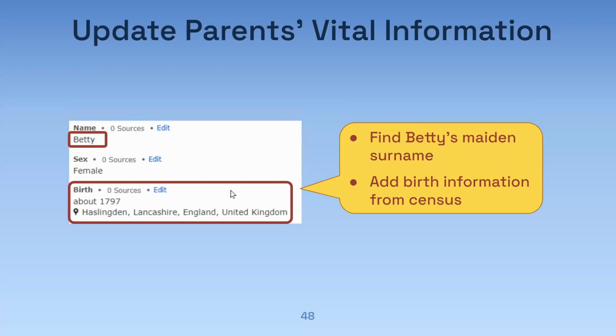And then we go to Betty's and we do the same thing, except her situation is a little more complicated. On English christening records, as is the case in many countries, so this could apply to other countries besides England, the mother's maiden surname is not given. But in Family Tree and in all genealogy sites that I'm aware of, the best practice is to use the mother's maiden surname because it's unambiguous.